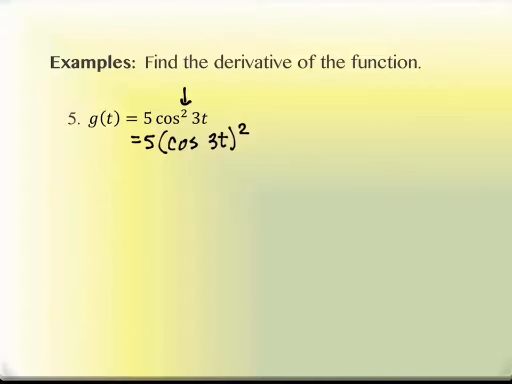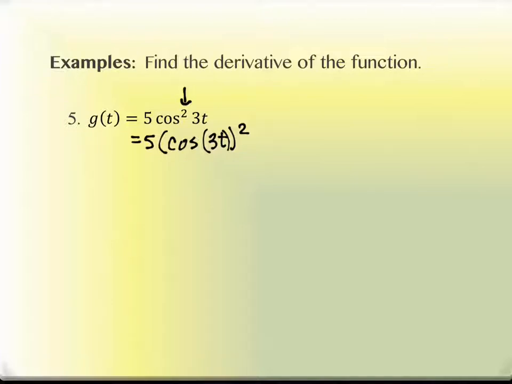Second thing to identify is that just like on the previous problem where I had pi x as an angle inside of sine, I have the 3t inside of cosine. So in this problem, what makes it very unique compared to what we've done so far is that there's embedded parentheses.